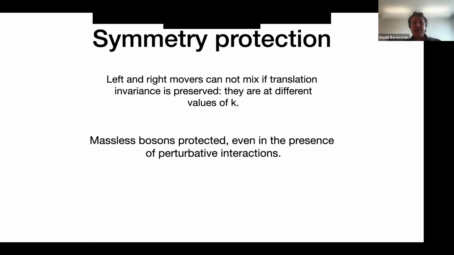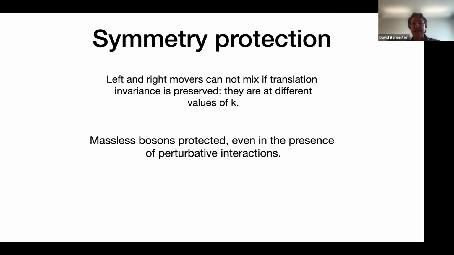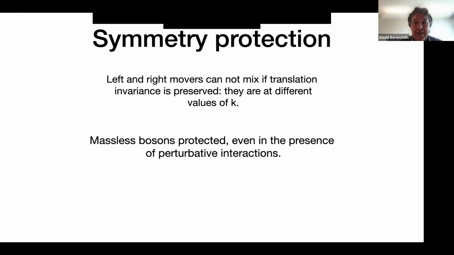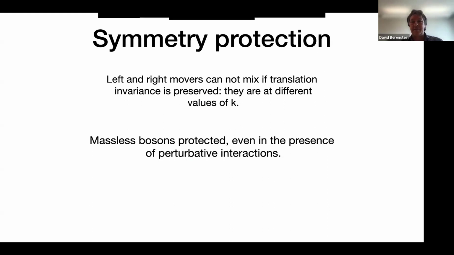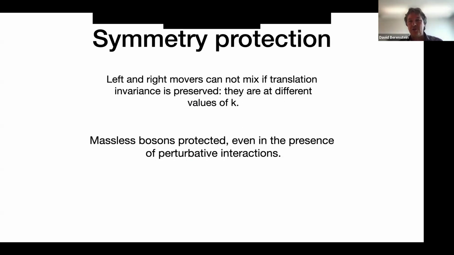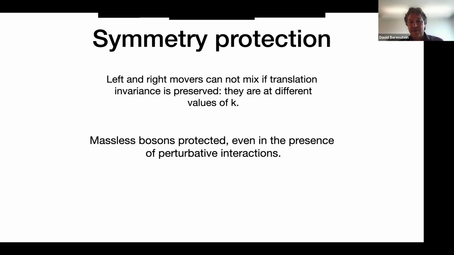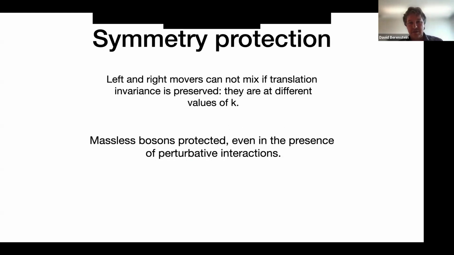So the symmetry protection, the massless bosons are protected, even in the presence of perturbative interactions. I already said that. So the claim is this is a way to build gapless theories, even if one deforms the physics of the system.